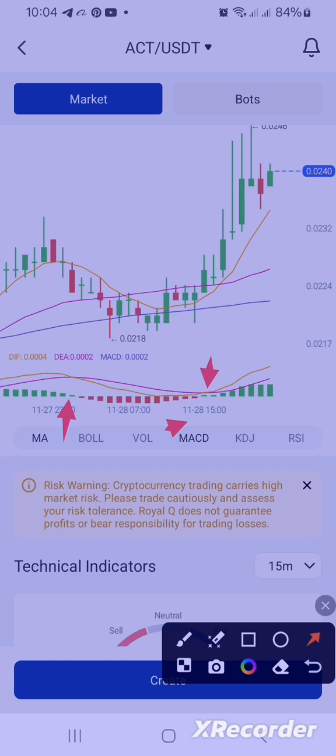Whenever it is crossing from up going down, it means that the coin is going down in price. And when it crosses from down to up, it means the coin is going up.